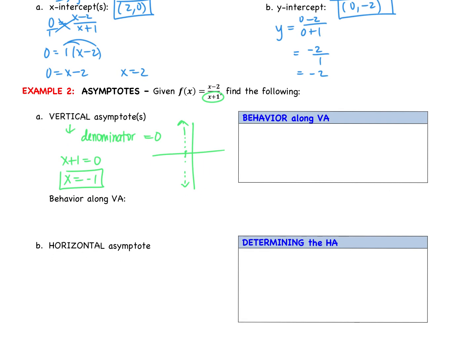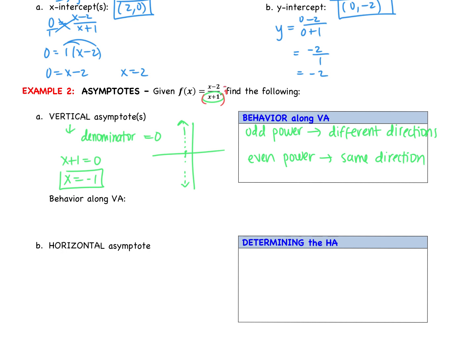So behavior along the vertical asymptote. If we have an odd power, the graph will go in different directions. If we have an even power, we will go in the same direction. Here's what I mean by that. In our denominator, this x plus 1 is to the first power.